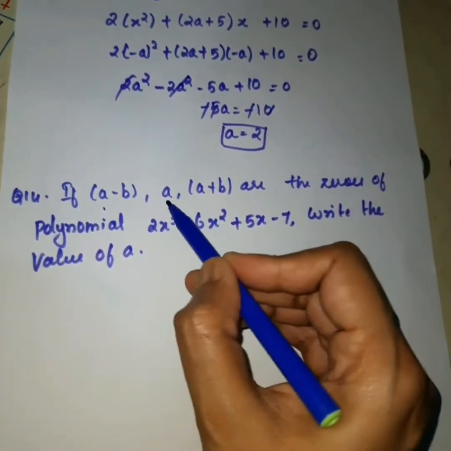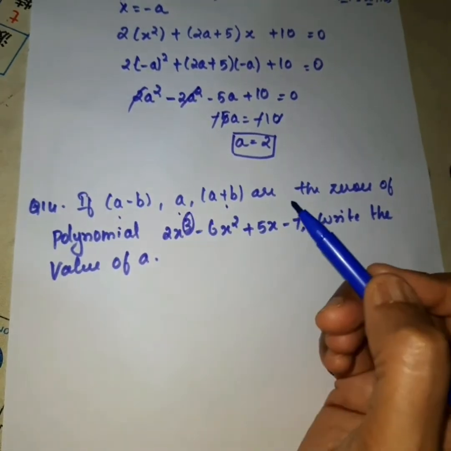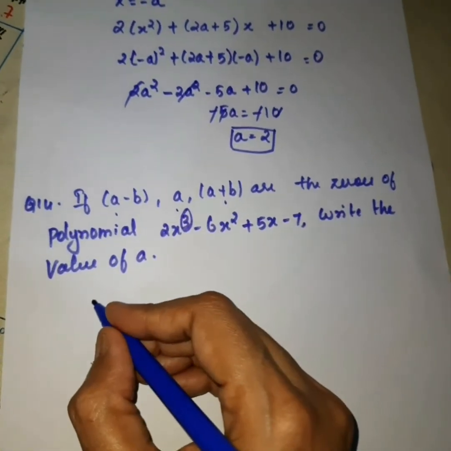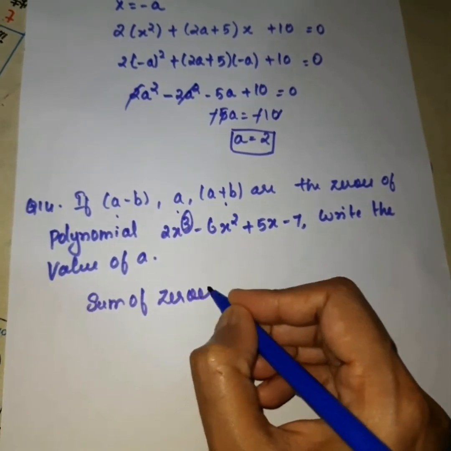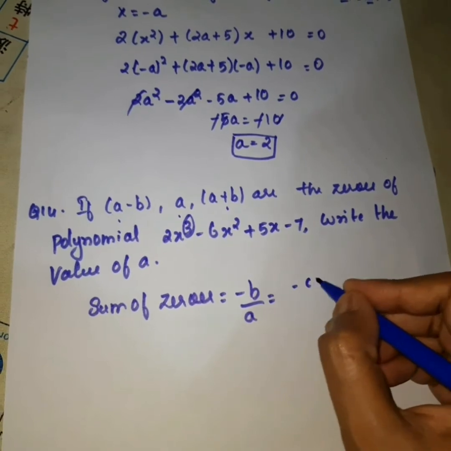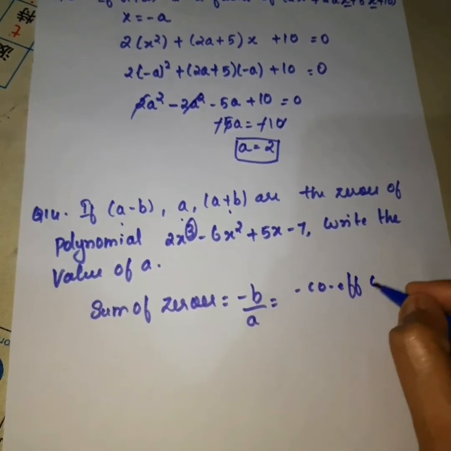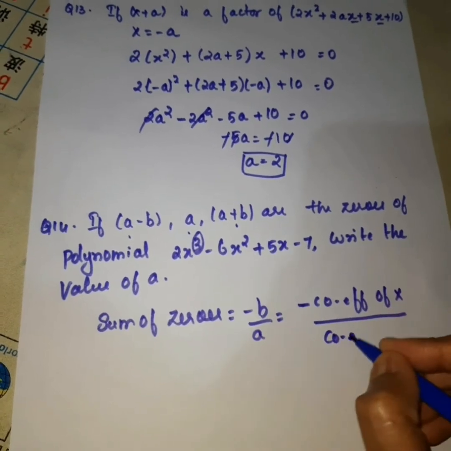Next question 14. If a minus b, a and a plus b are the zeros of the polynomial, it's a cubic polynomial. So that's why we have 3 zeros. So sum of zeros is of the form minus b by a. Minus b is the coefficient of x, and a is coefficient of x square.